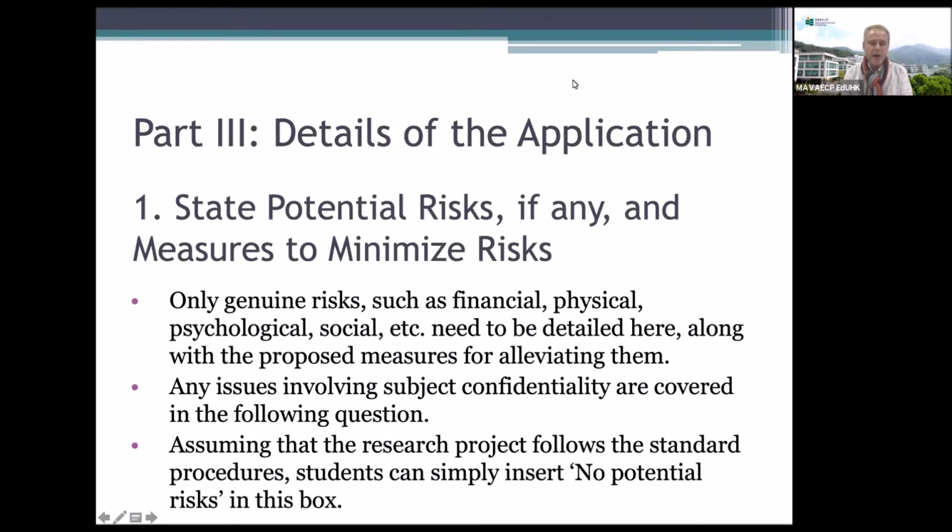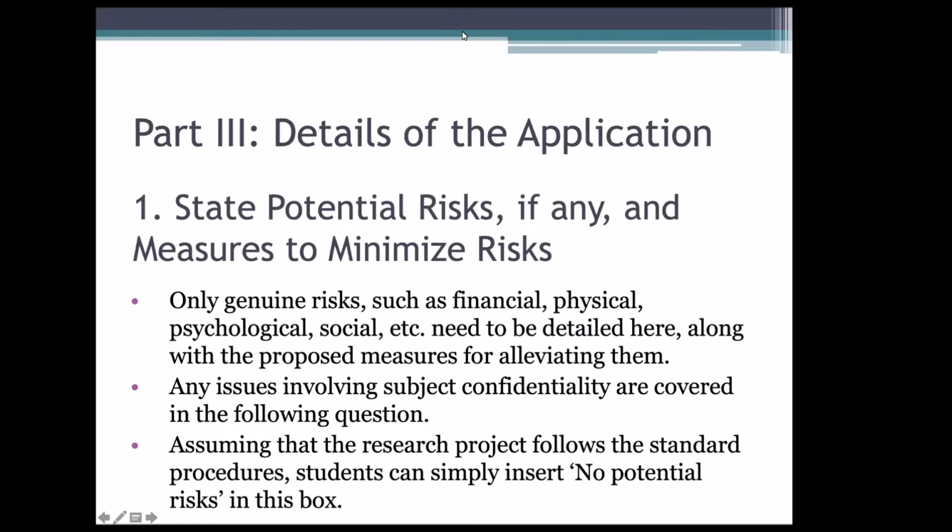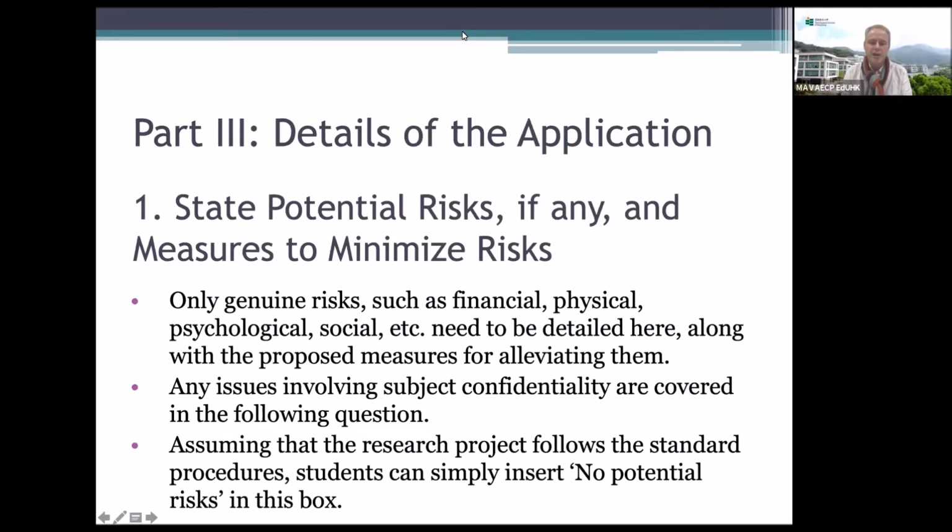Again, I would hope that's not going to be the case. In just about every case, you're going to be following the standard procedures, so you can simply insert no potential risks in that box. Going on to the next slide, thanks.